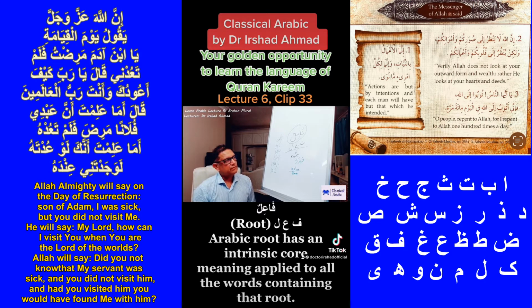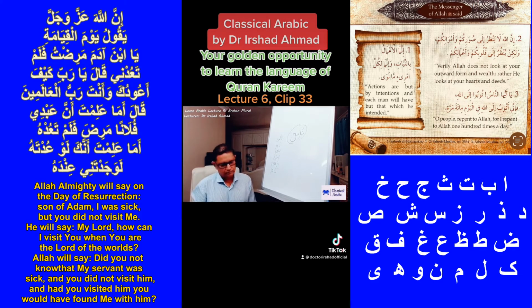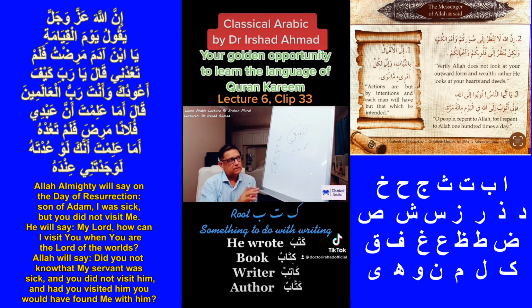For example, let us look at another three-letter combination, which is kaf, ta, ba. So this three-letter combination in isolation has an intrinsic core meaning which will apply to all the words which are formed from this root or base or jazr.